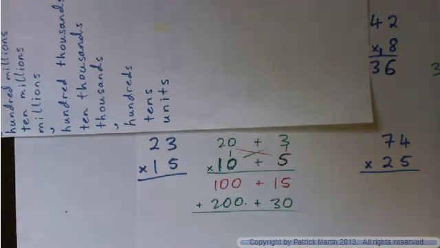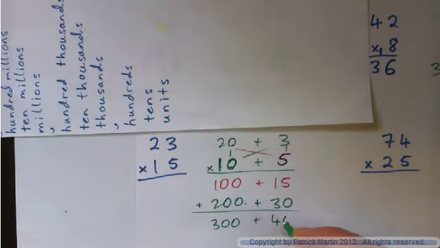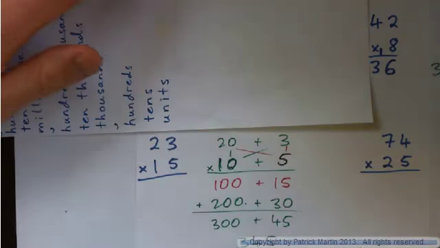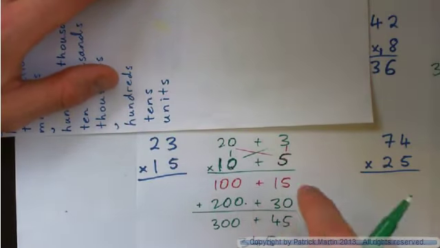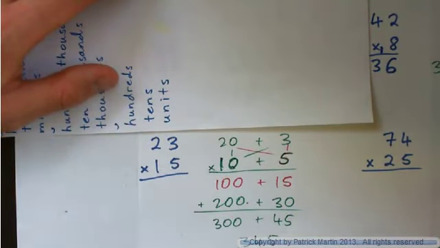So adding all of this up, that gives us 300, and then we've got 45, so that makes 345, right? So that's actually what happens when you do the long multiplication, but you don't kind of see that.